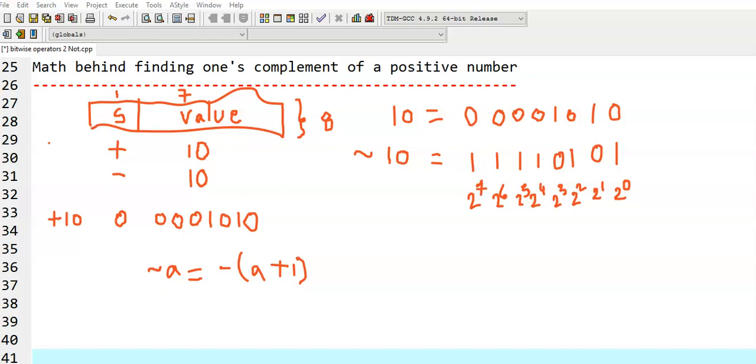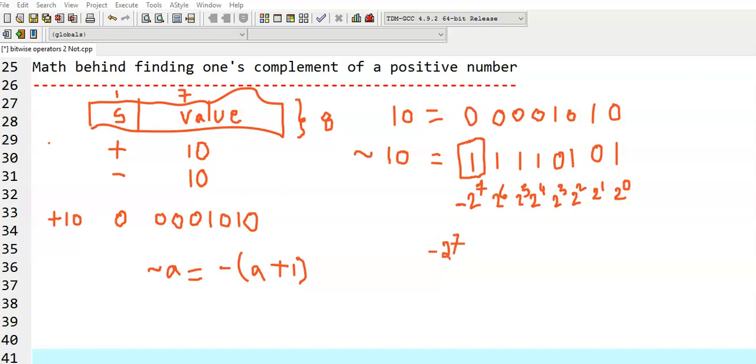In this fashion we write all the powers of 2. Now observe, this is the sign bit value. The leftmost bit indicates the sign bit value. For this sign bit, we apply minus. Now this value becomes minus 2 power 7 into 1.